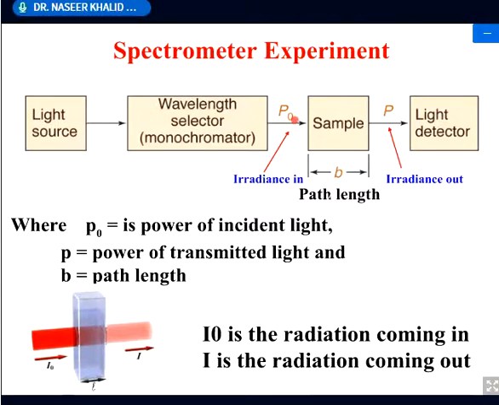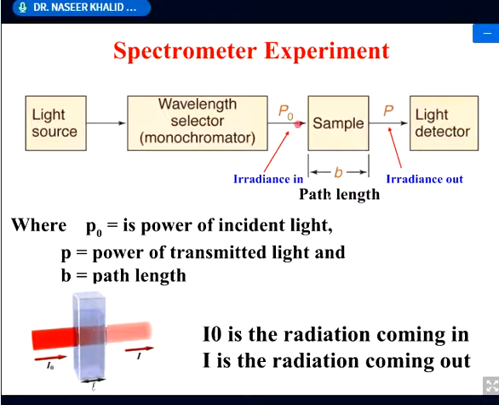So now this radiation is being bombarded on this sample, having a path length B. The greater the path length, the greater will be the absorbance, and so on and so forth. After passing through the sample, some unused radiation will come out of the sample and go to the detector, where it is measured how much is unused.